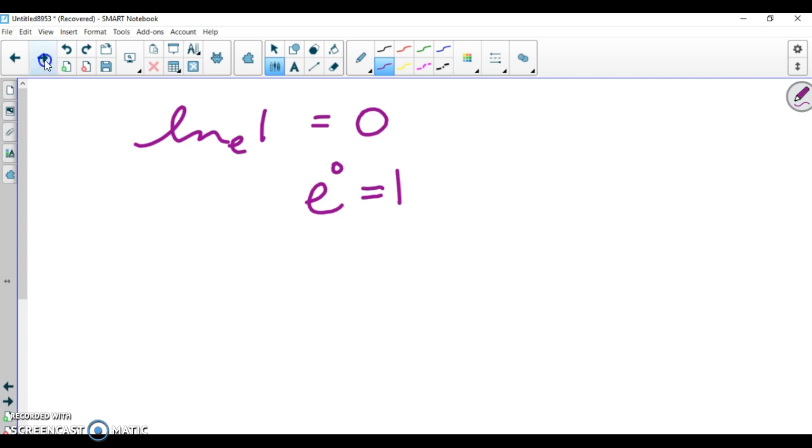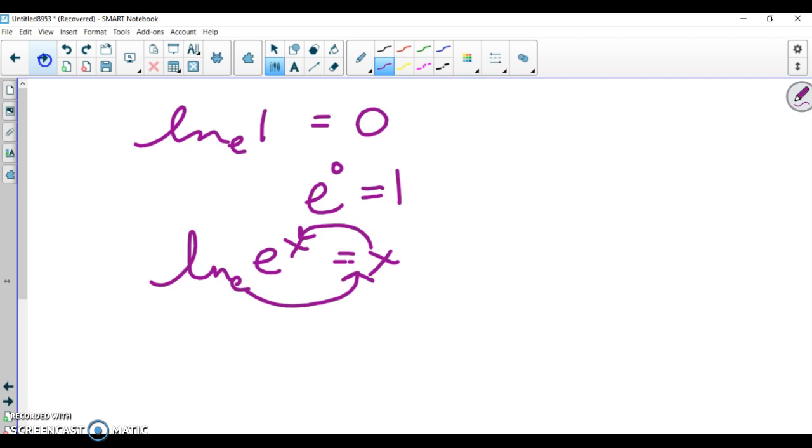I'd like you to look at 3. It says ln e to the x equals x. Again, we're saying this base e, e to the x equals e to the x. It's known as the inverse property.